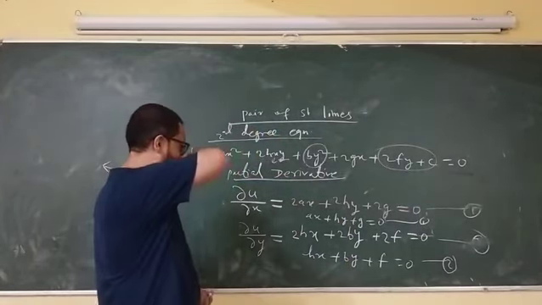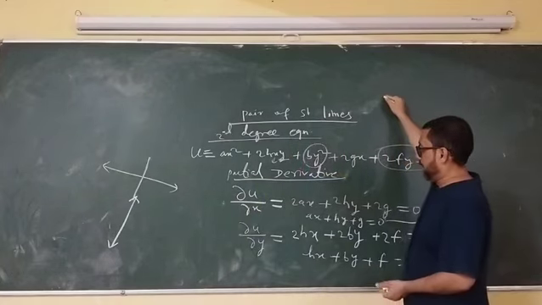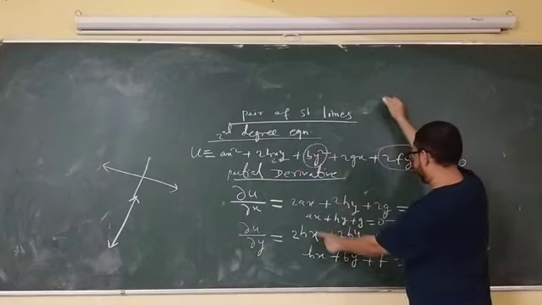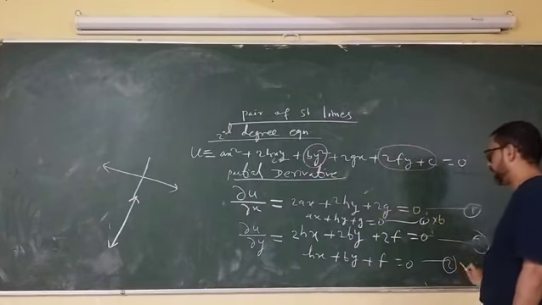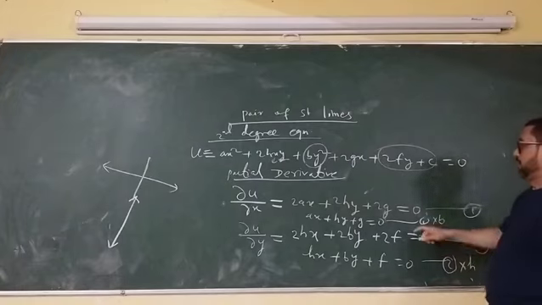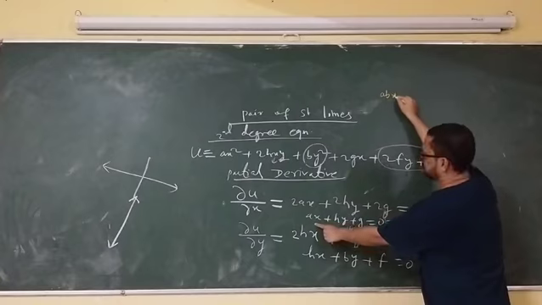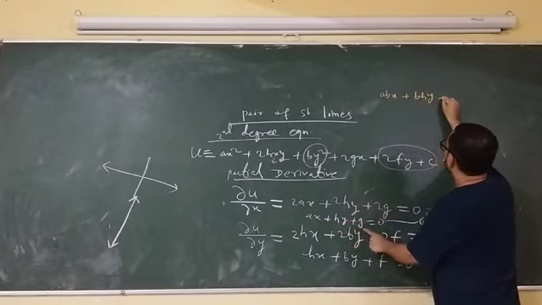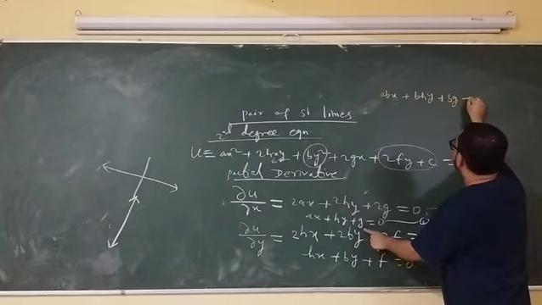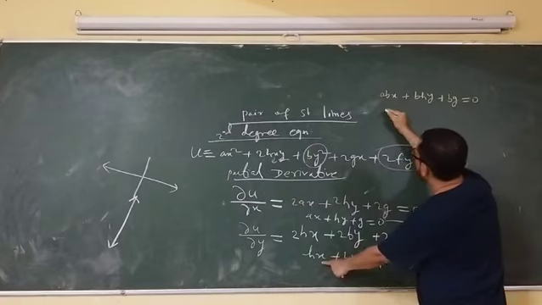So what will happen here? I will directly multiply it, so it will be better for you to understand. Here this one by b. So it will be abx plus bhy plus bg is equal to 0. And here take h.